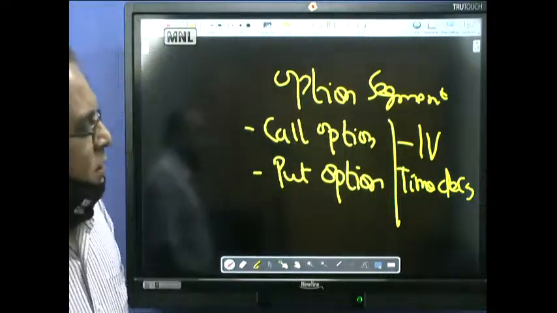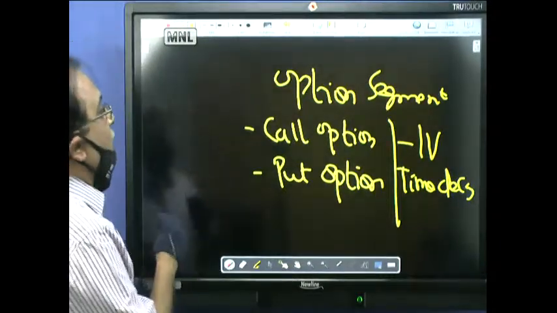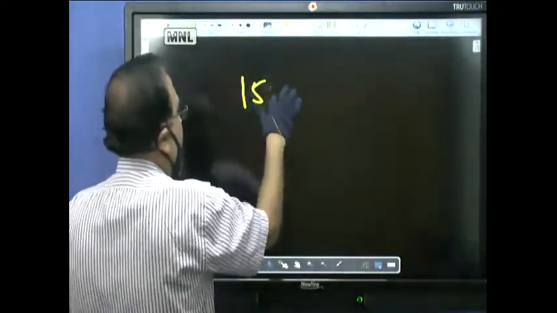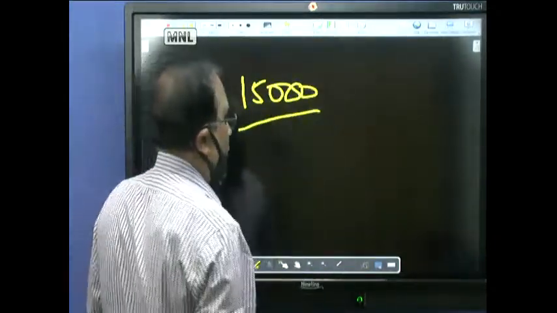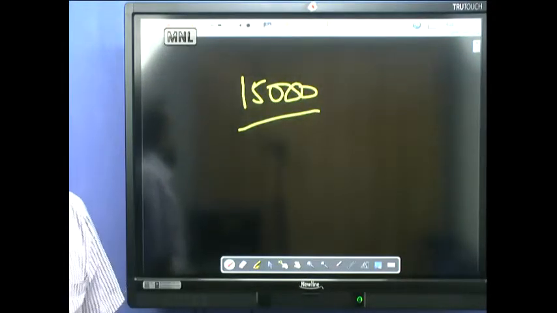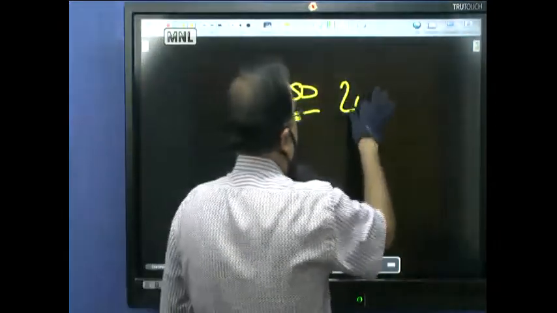So now let us look at the normal case. Suppose the present price of the Nifty is, let us say, 15,000. In the cash market, just for illustration, let us say you want to buy 20 shares of Nifty.